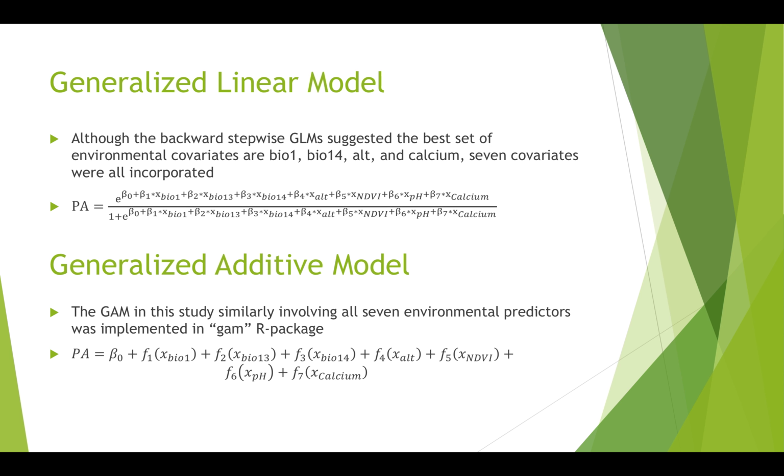So the GLM suggests bio 1, bio 14, altitude, and calcium are the best set. But finally, considering the biology of Bacillus anthracis, I still incorporate all 7 covariates in my GLM model, and here is the formula.